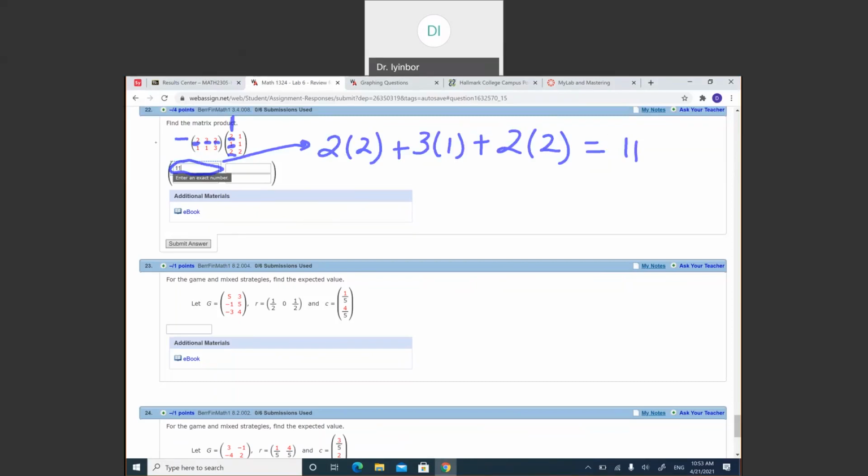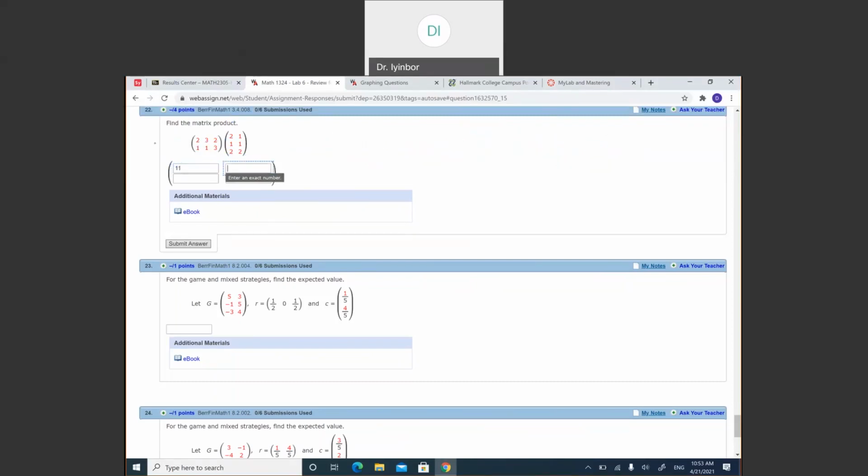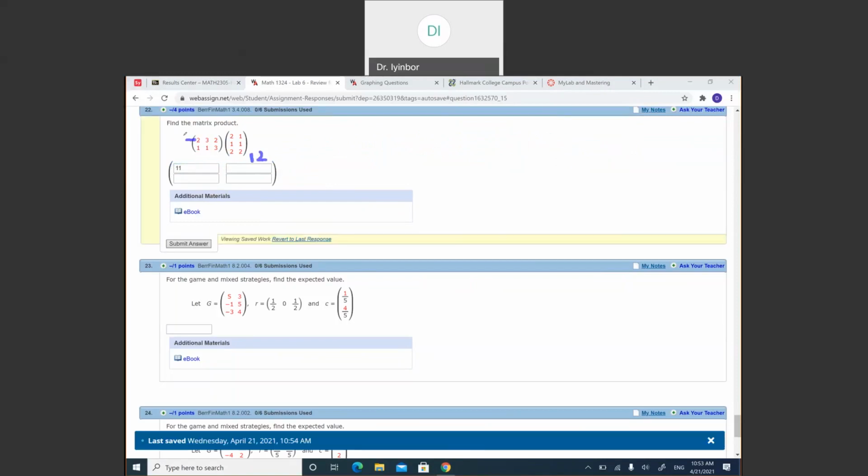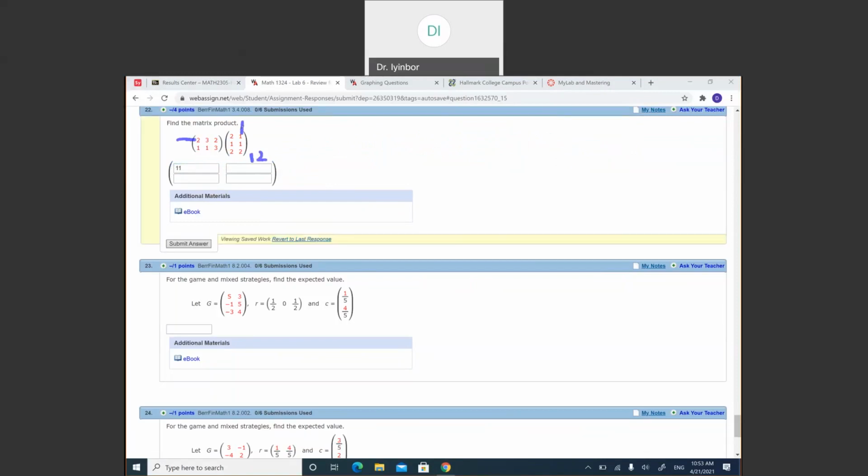Okay? Then I'm going to do the next number here. This is first row, second column. So I'm going to do first row and second column, do the same.